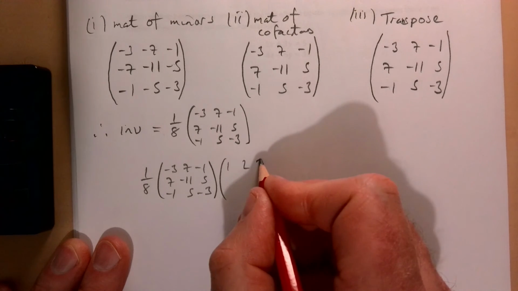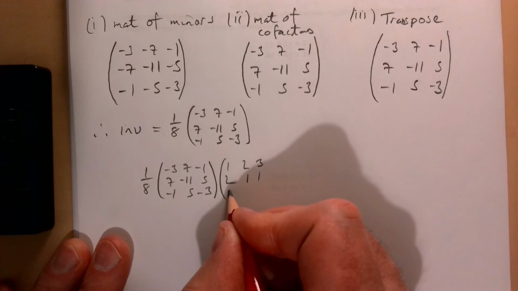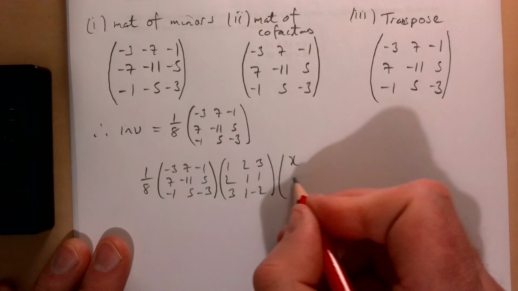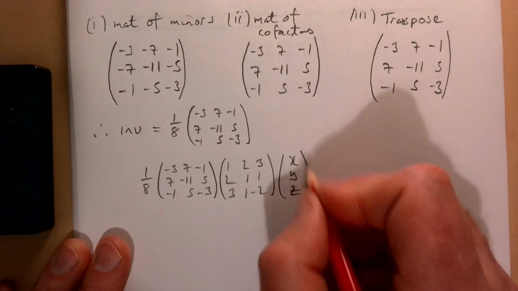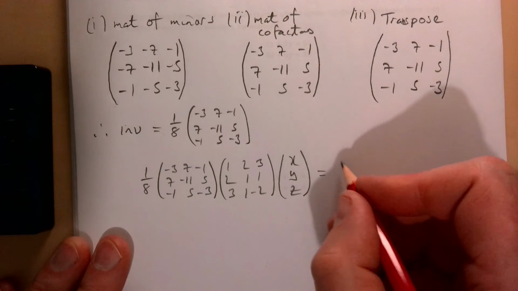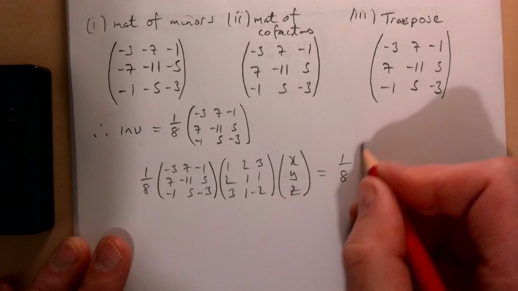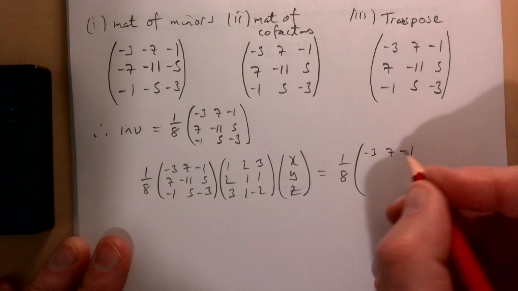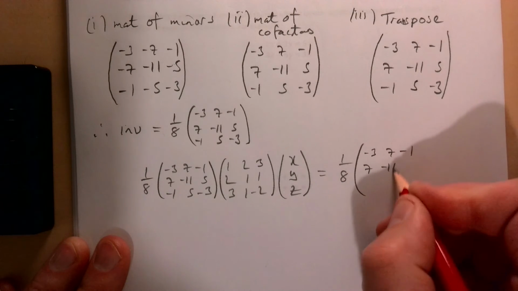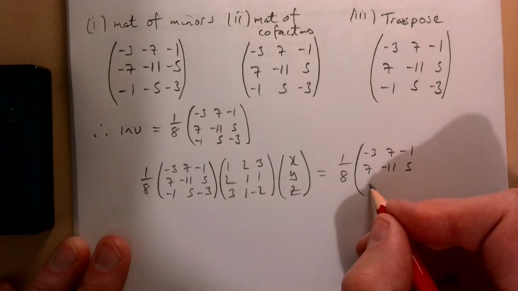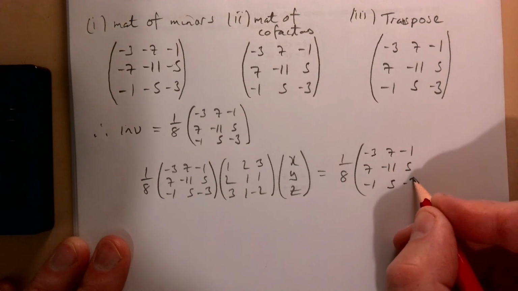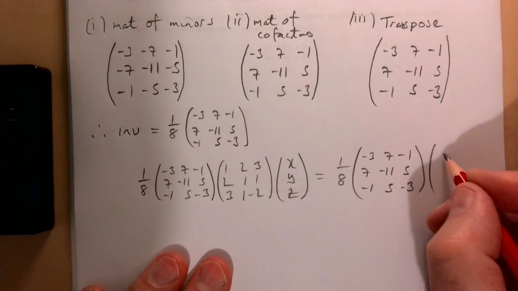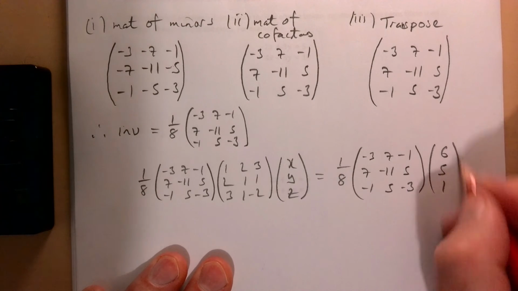This is 1, 2, 3, 2, 1, 1, 3, 1, -2, x, y, z equals an 8th, inverse again, -3, 7, -1, 7, -11, 5, -1, 5, -3, and we're multiplying that by 6, 5, 1.